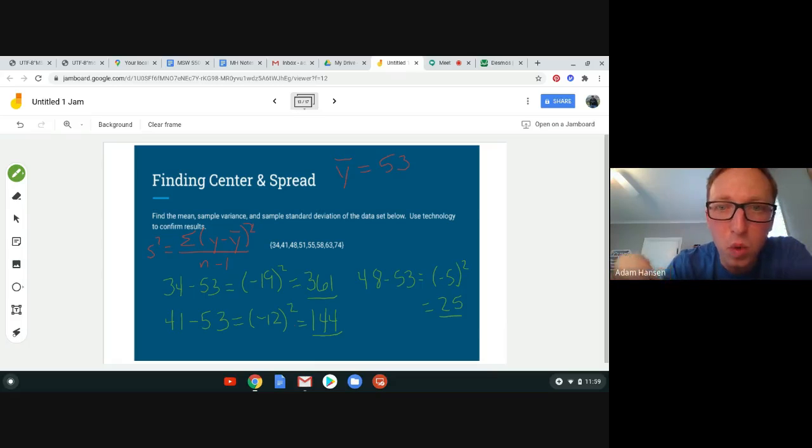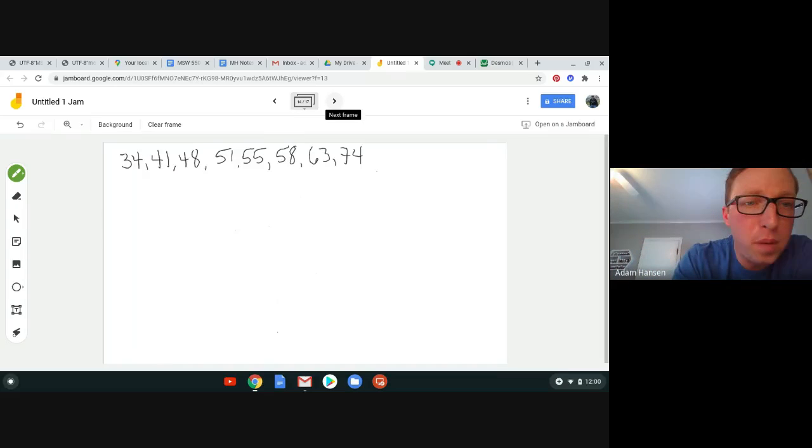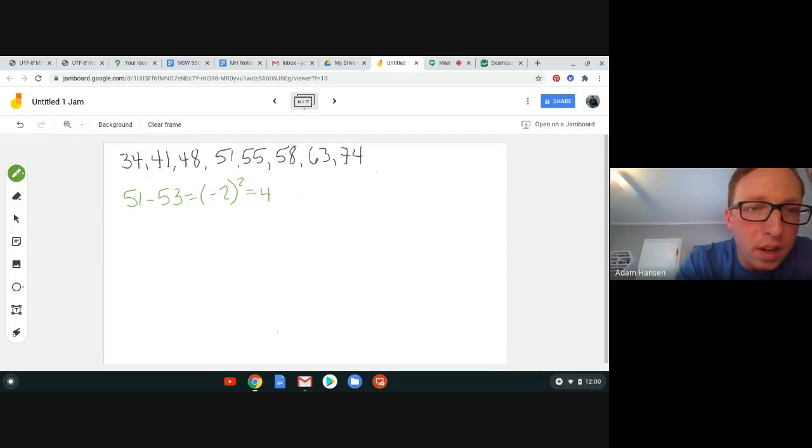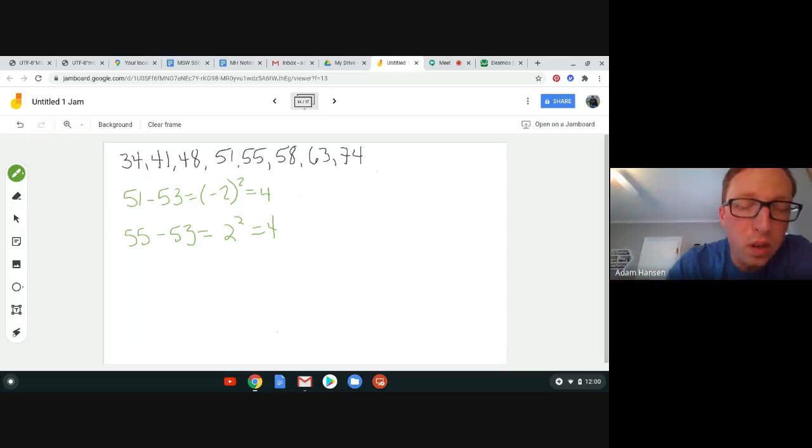Okay, let's go ahead and keep working here. Let's see, 51 minus 53 is negative 2 squared, which is 4. Now we're going to be above the mean. 55 minus 53 is 2 squared, which is 4. Whether I'm above or below the mean, I'm still different from the mean. So in order to make sure that all these differences are positive, we had to have squared them. 58 minus 53 is 5.